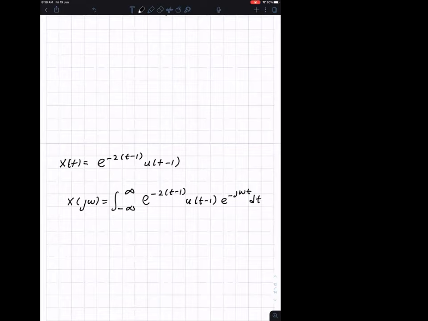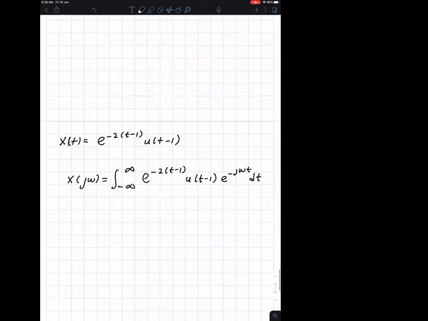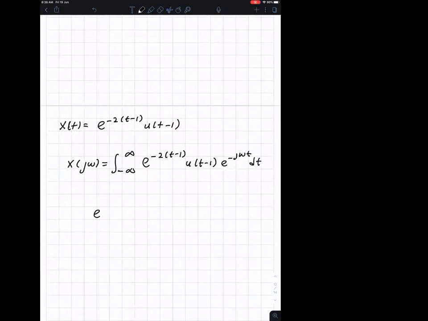So guys, if you want to do this using the table of Fourier transform, then you find out what is the Fourier transform of e to the minus t.